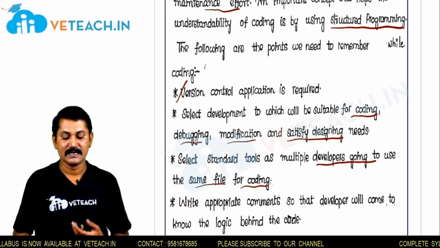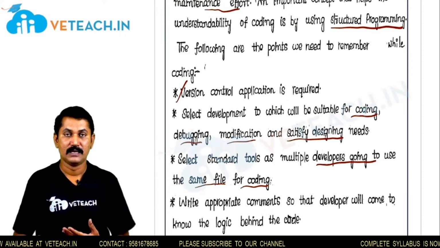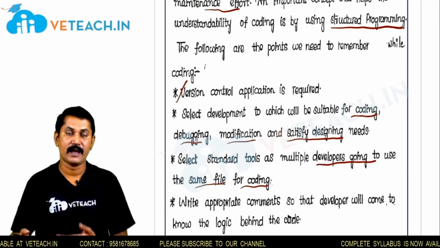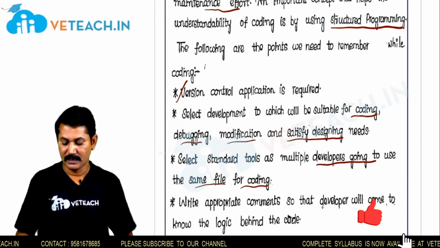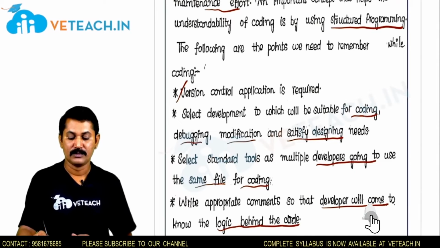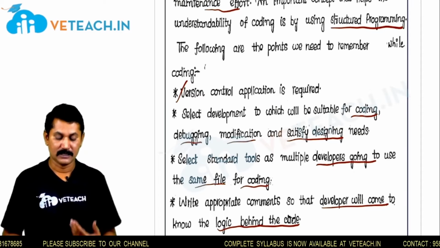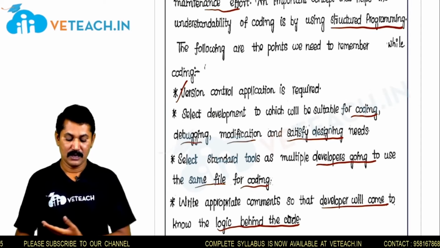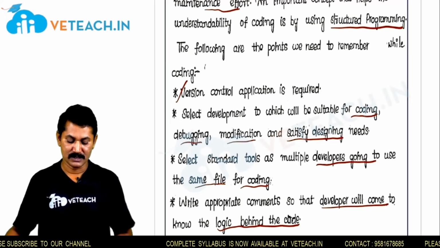That means a unique code is not the important one. Select the code that is applicable or usable by other users also. Write appropriate comments so that developers will come to know the logic behind the code, that means comments that give an idea of what is happening there.